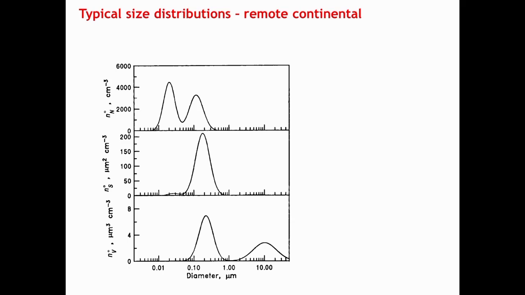So what does that say about the mass of particles during nucleation events? Does it matter? Does nucleation matter in the atmosphere? Well, it depends what you're trying to consider.